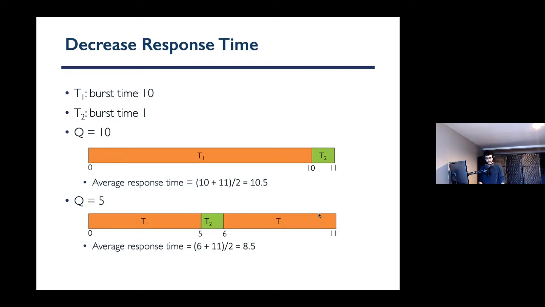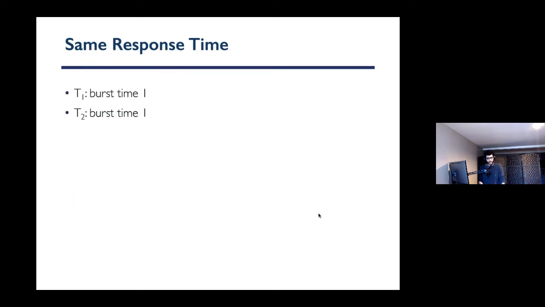So T1 is going to be divided into halves compared to the case where time quantum was 10. And average response time is going to decrease to 8.5. So it's going to be in favor of T2. This is one case where we decrease the length of the time quantum, and the average response time actually went down.